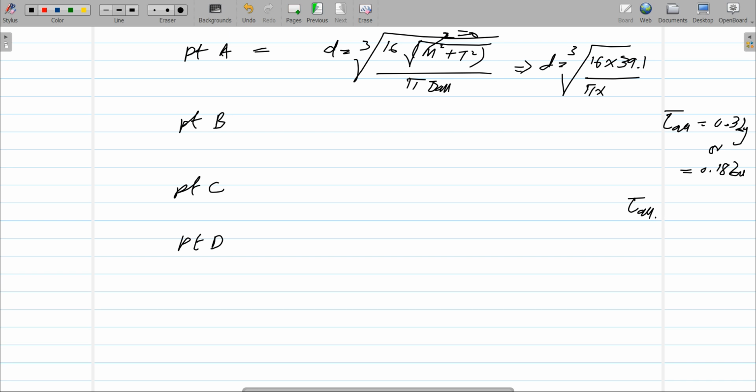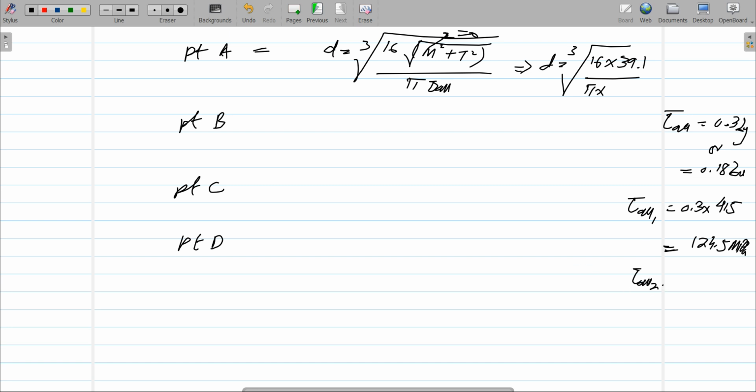So 0.3 of sigma y, which is 415, is 124.5 mega.